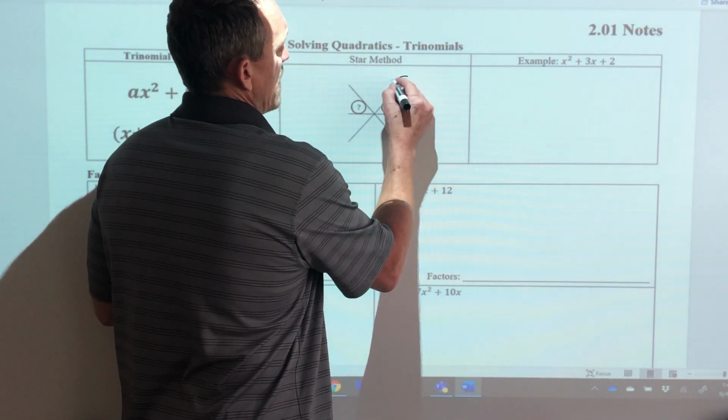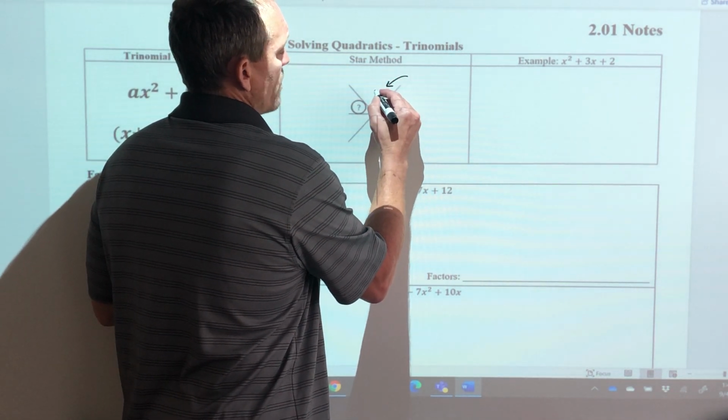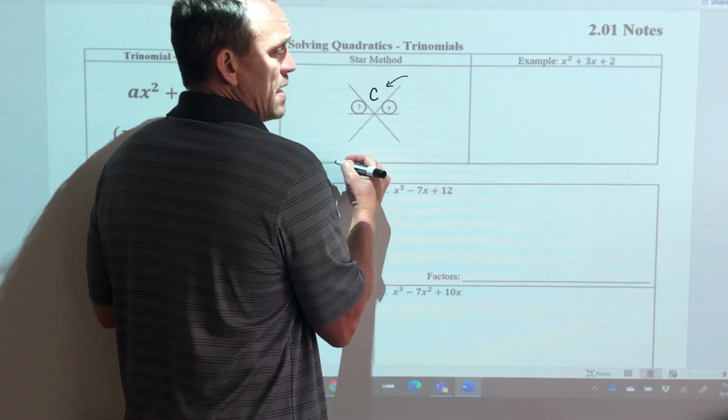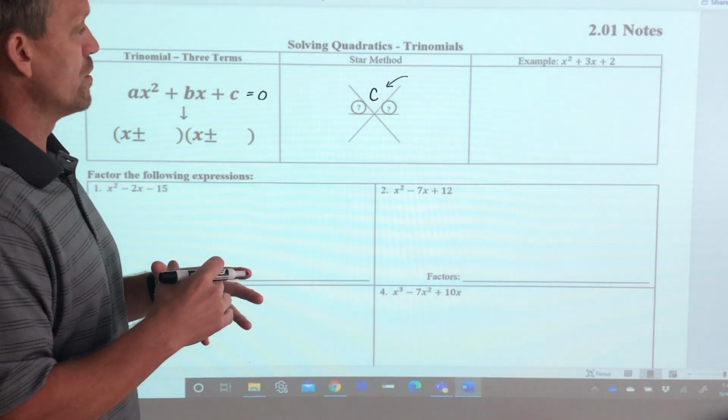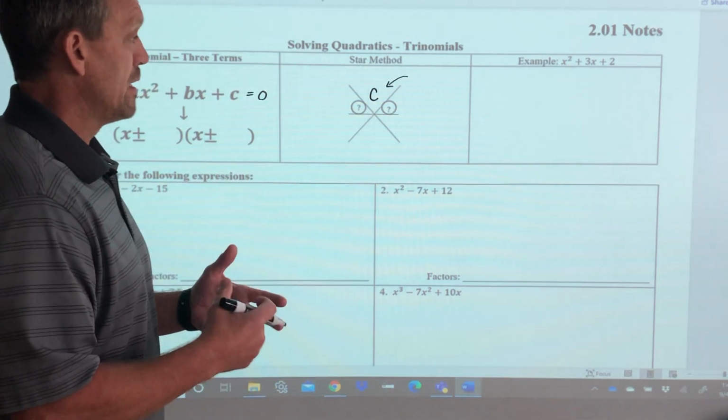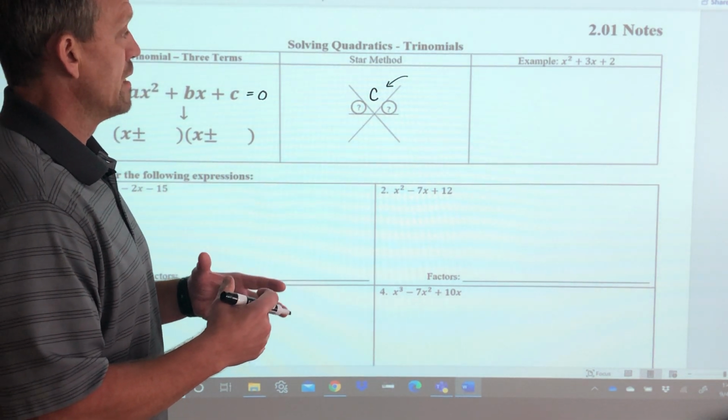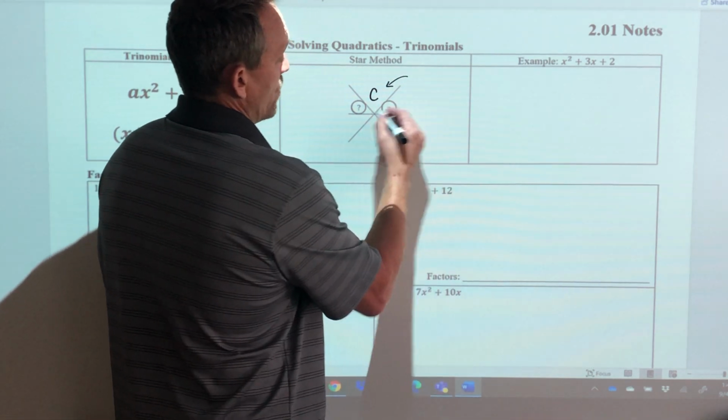This right here will be your value for your C. And what you're looking for, the value for your C, is factors, if you will, where you're going to come here.